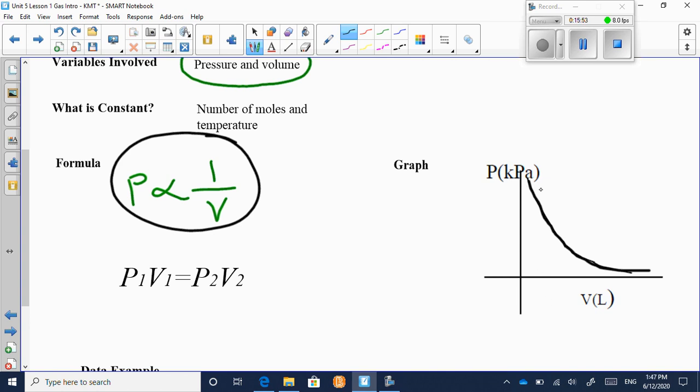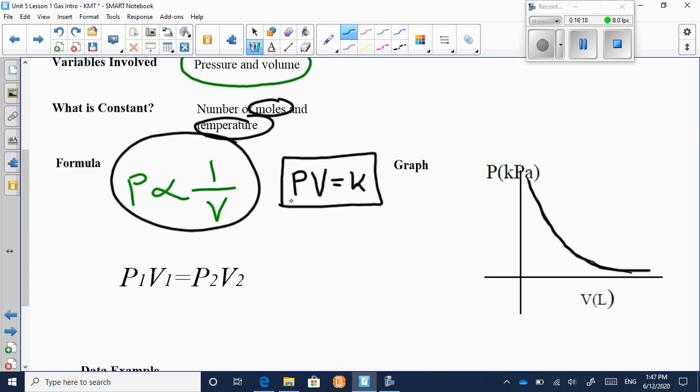Well, what we can say is, if you take the pressure and multiply it by the volume, you will always get a constant value for a given system. In other words, where the moles are constant and the temperature is constant, if you multiply a pressure times a volume, you'll get a constant.